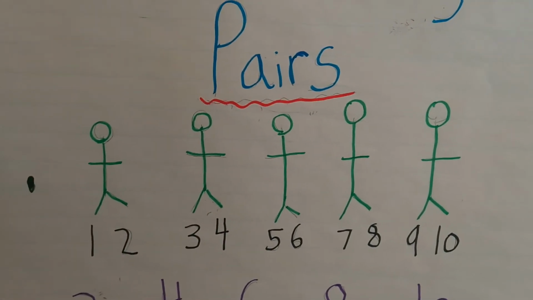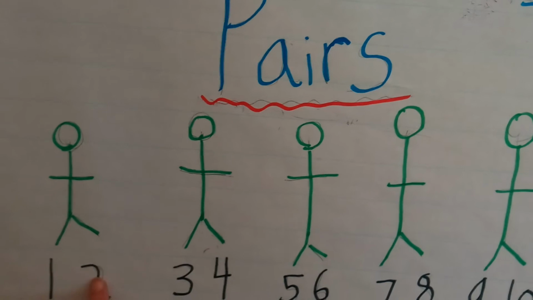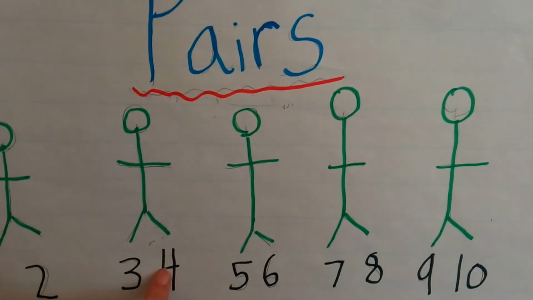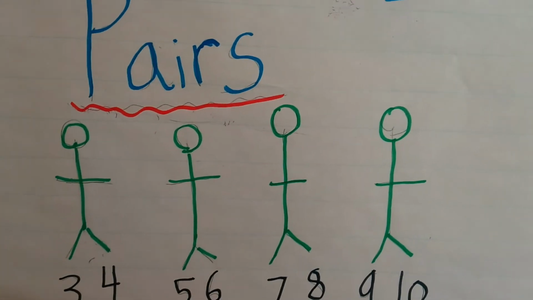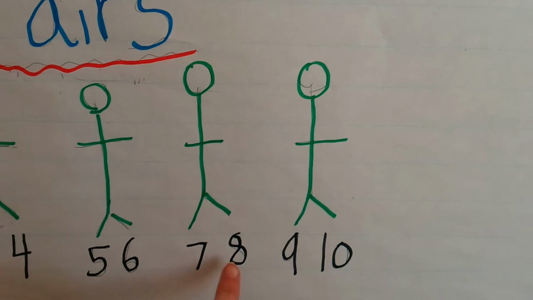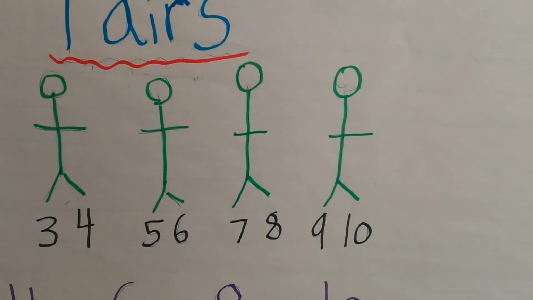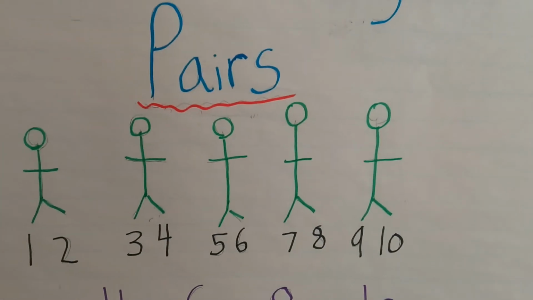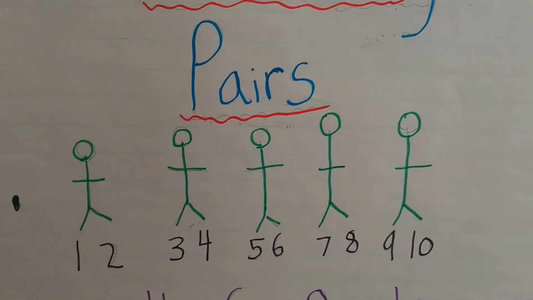So for example, if he had 2 arms, we can do 1, 2, so that's 2 arms for 1 human. 3, 4, 4 arms for 2 humans. 5, 6, 6 arms for 3 humans. 7, 8, 8 arms for 4 humans. And finally, 9, 10, 10 arms for 5 humans.